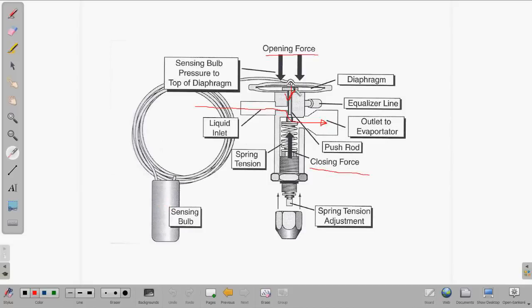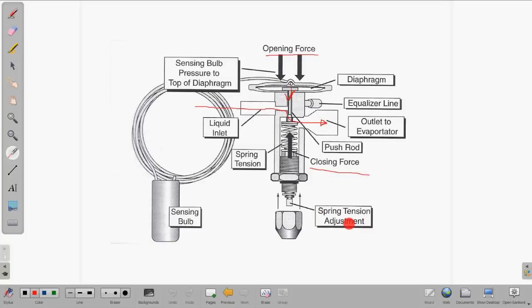Now here's one of the things I'm going to warn you against. There's the spring tension adjustment. You can adjust superheat with a TXV. I don't recommend doing that ever because it takes 15 or 20 minutes for anything to equalize, and it's a quarter turn, and then you wait. And if you're not far enough, it's another quarter turn, and then you wait.